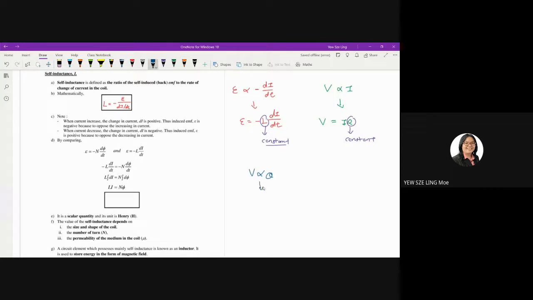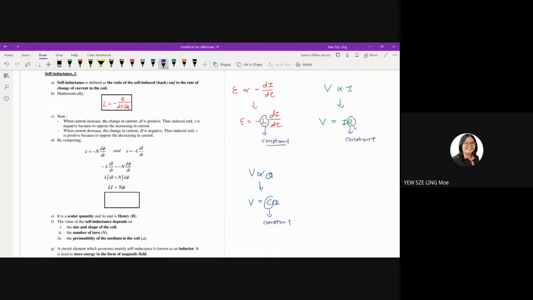In mathematical form, we have V equals CQ, which shows us that C is also a constant. So these three electrical components look very similar. Their idea is very similar. They are all constant, and their definition is a ratio.